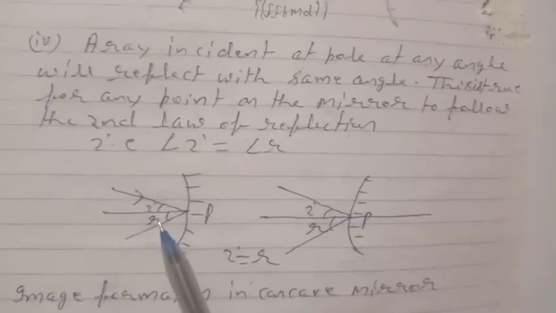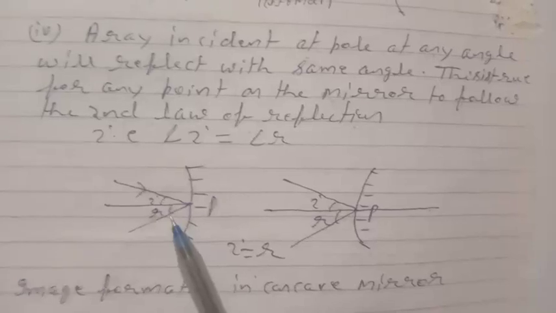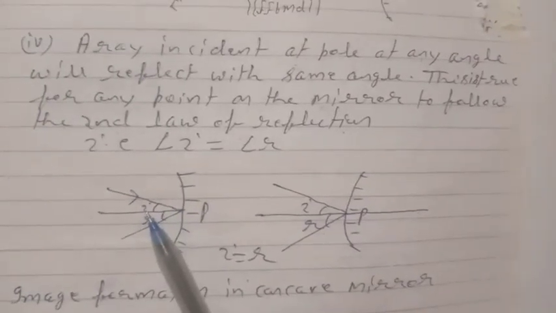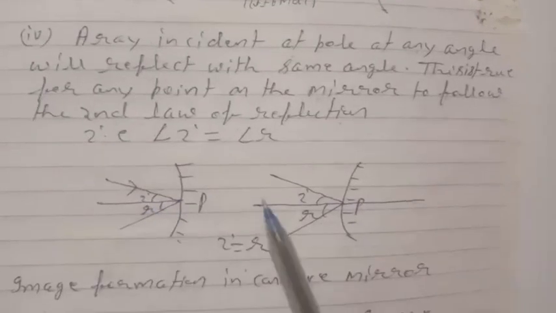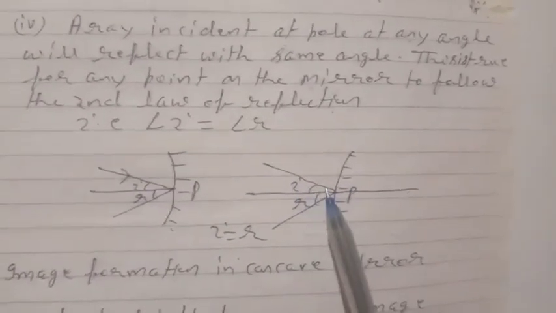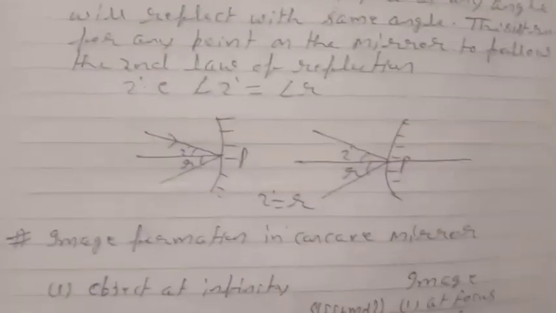So the ray will be reflected with the same angle, and i will be equal to r. This is the rule to follow the law of reflection. Here this is the incident ray and this is the reflected ray, and i will be equal to r.